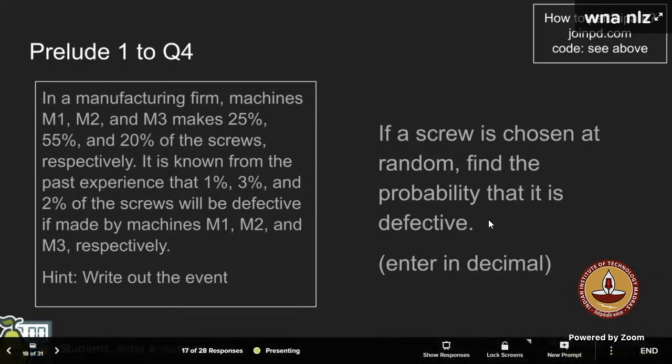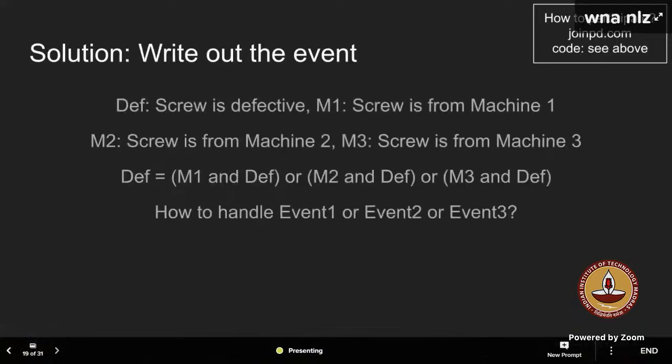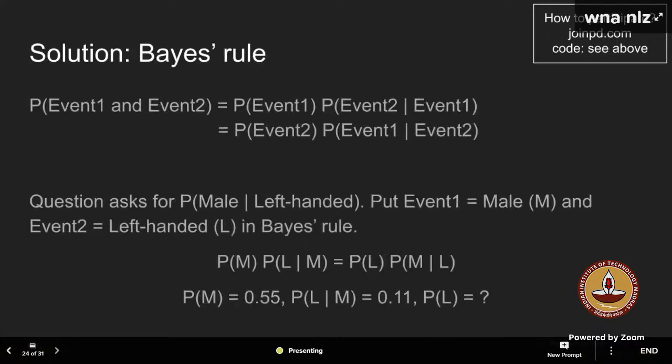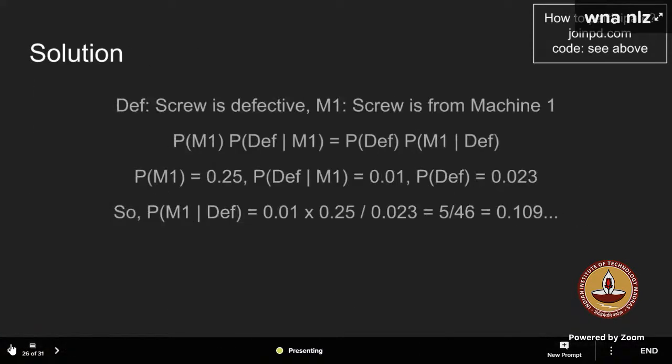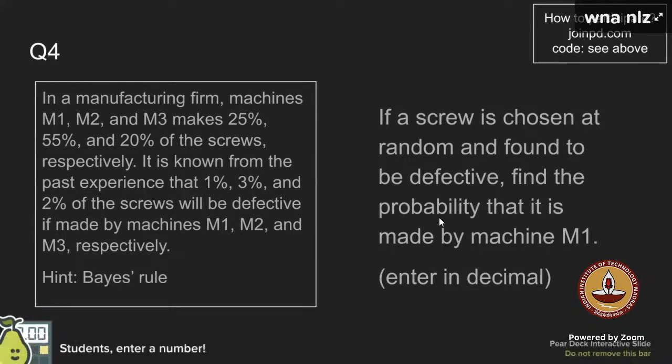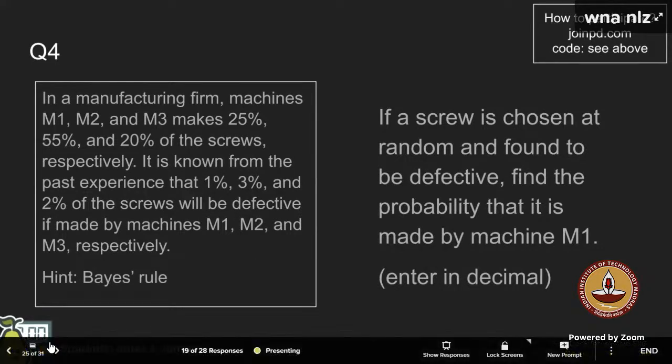In this question, we have to find what the end result is going to be. So in this question, total probability. In the other question, since the end result is given as defective, go for Bayes rule. Use the same concept in other questions.